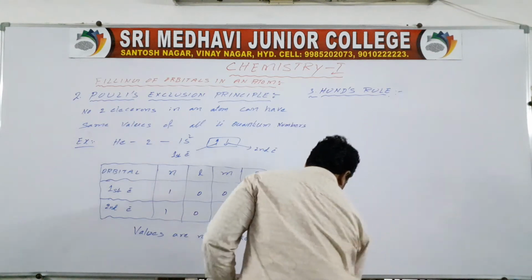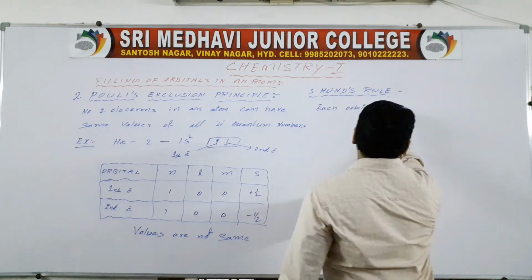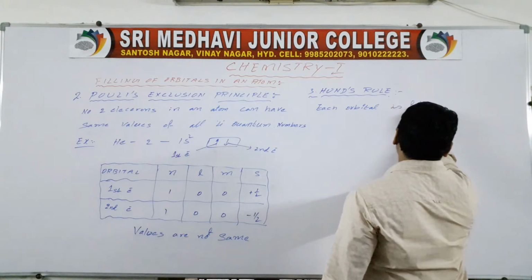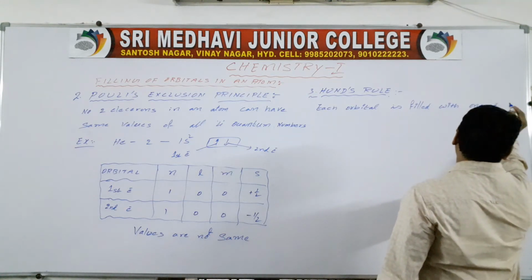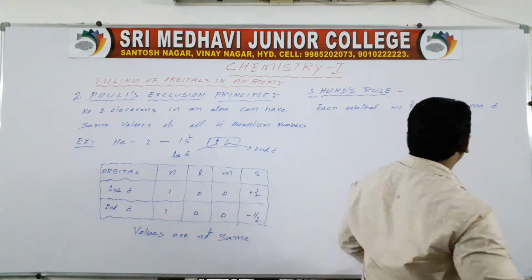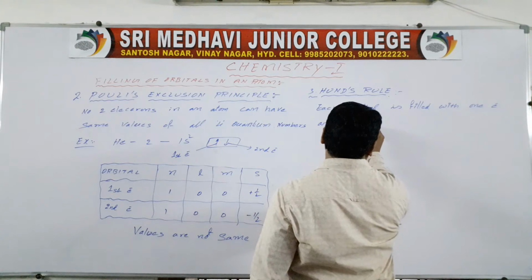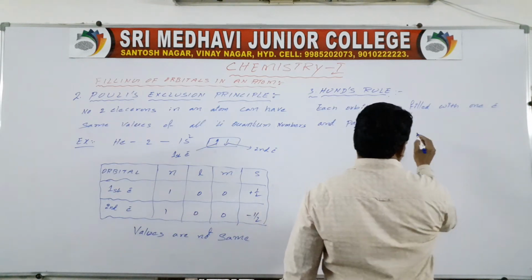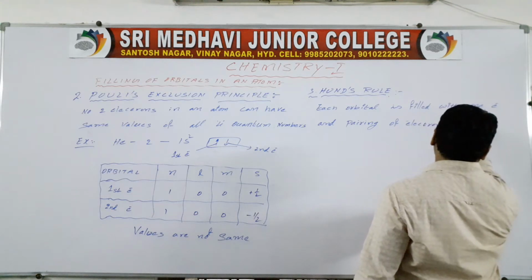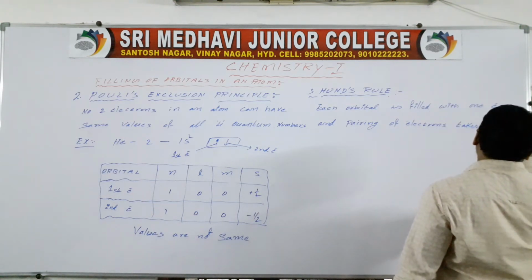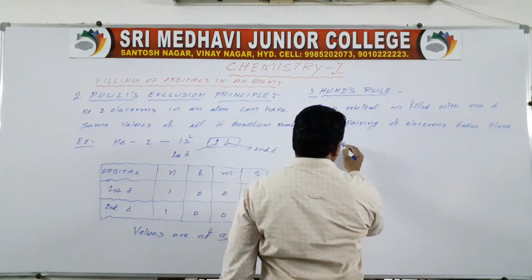Each orbital is filled with one electron, and then pairing of electrons takes place in degenerate orbitals.